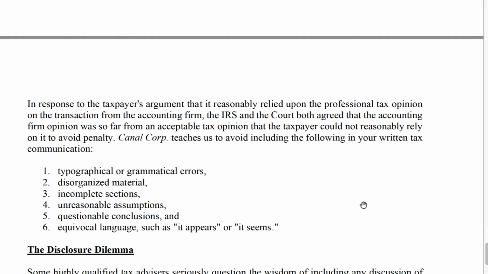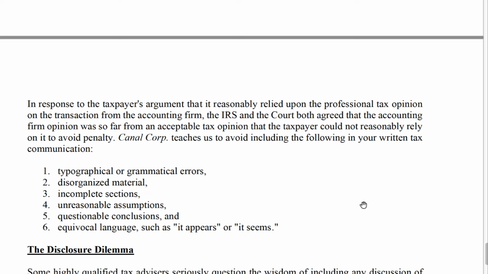So what they're basically saying is that the opinion letter written to the client was just not reasonable, and Canal Corp relied on it, basically saying, well, even though it wasn't reasonable, the rule is, okay, I can still rely on my tax preparer or my tax professional that prepared this, and the IRS and the courts are saying, no, that's not the case. You still need to see if it's considered reasonable or not.